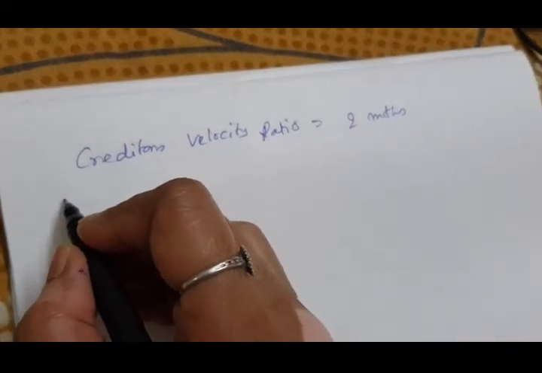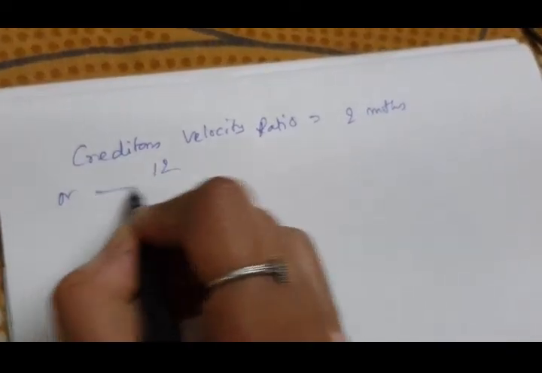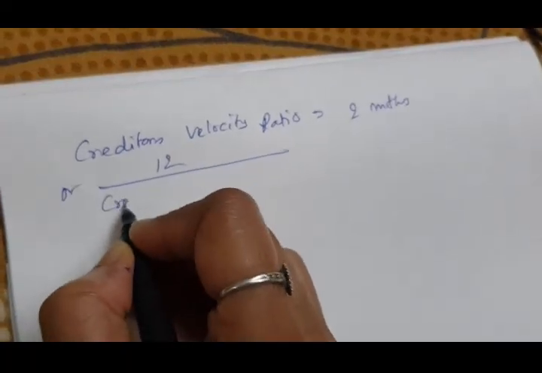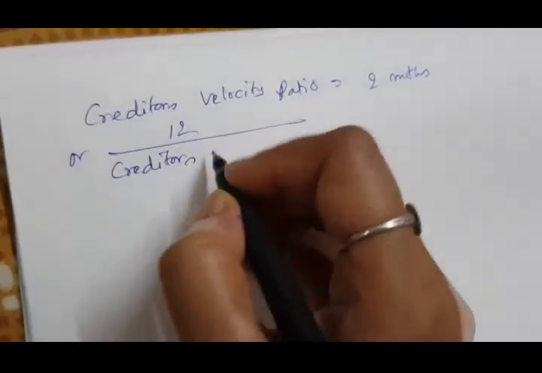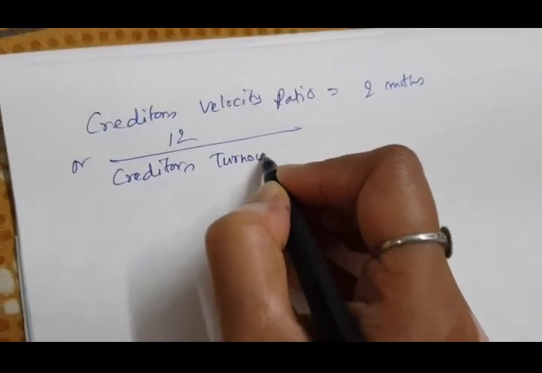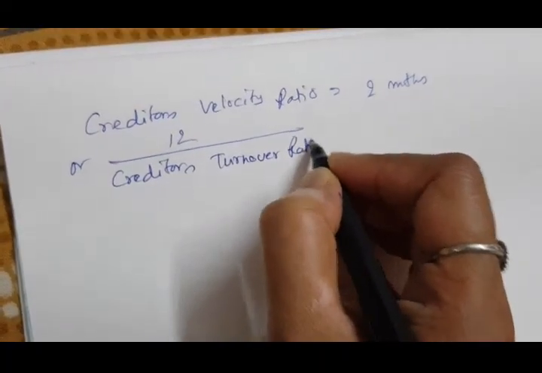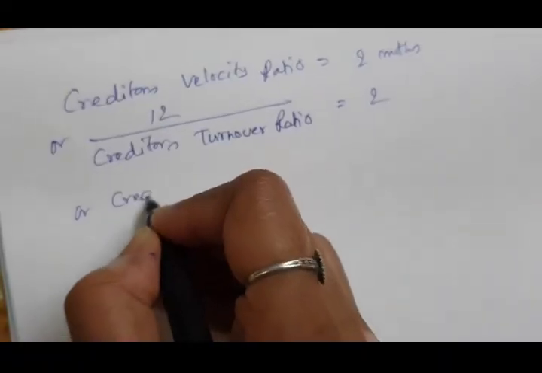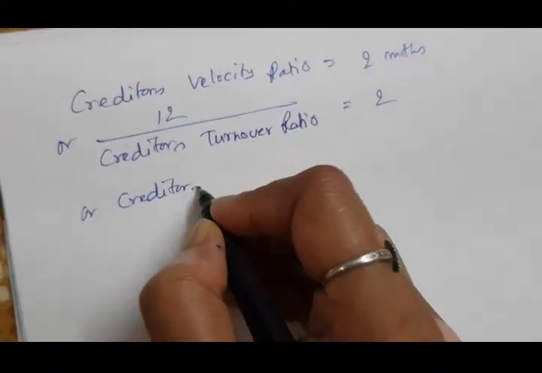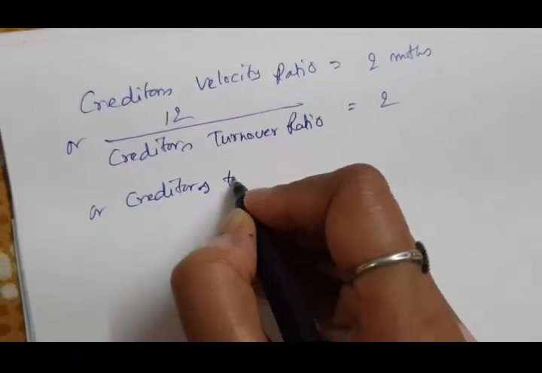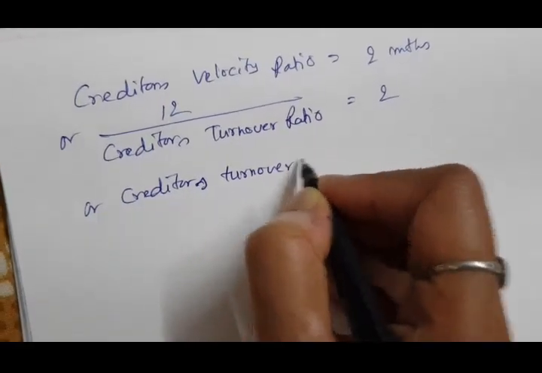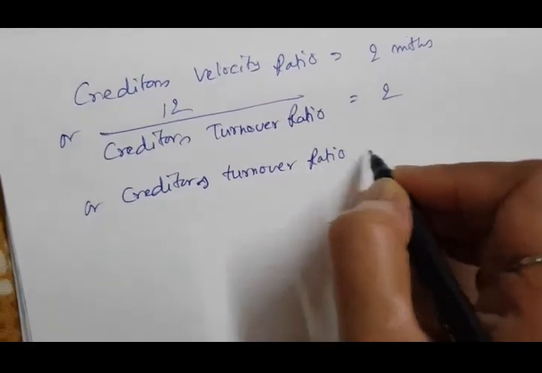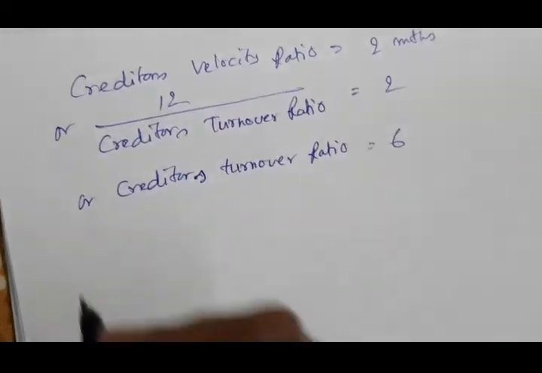Now again let me write the formula: 12 divided by creditors turnover ratio, again 2 months. So creditors turnover ratio will be how much? Will be 6, okay.